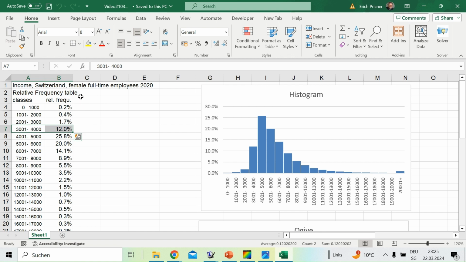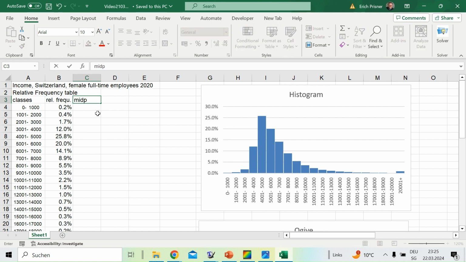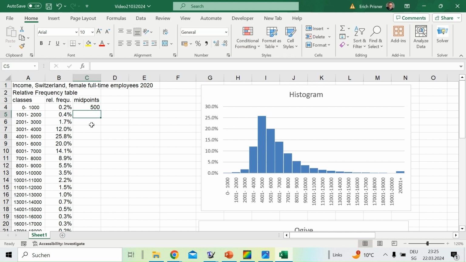So what we do is we add a column here, which are the so-called midpoints. The midpoints, of course, are the midpoints of the interval. So 0 to 1,000, midpoint is 500, meaning we treat these people as if everybody would get 500 instead of not knowing how much between 0 and 1,000 they get.